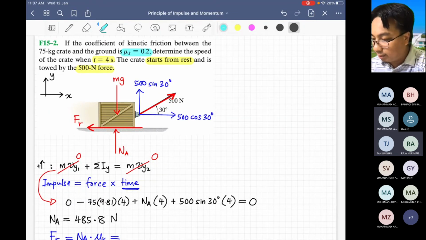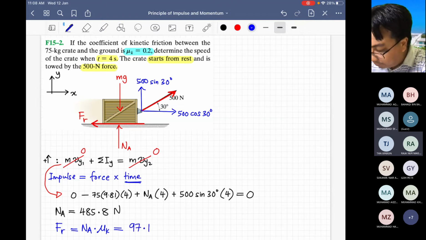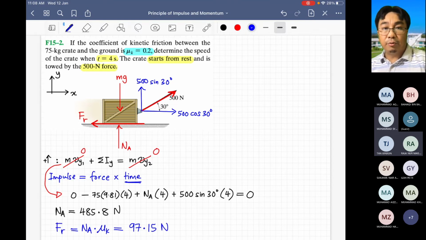So we will get NA times 0.2 is 97.15 Newton. Please verify my calculation. I hope you are also calculating with me. Kalau tak betul, kalau ada salah, please inform me.